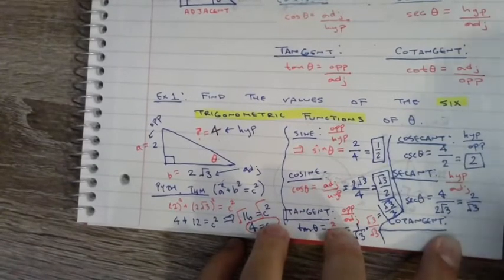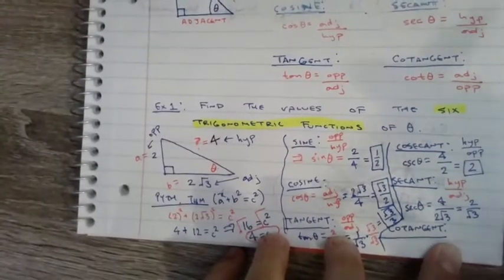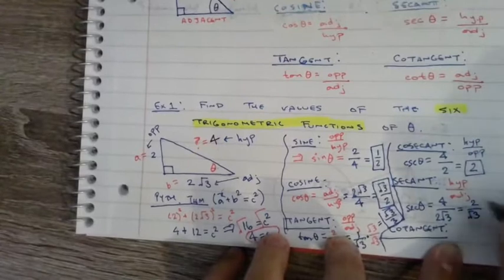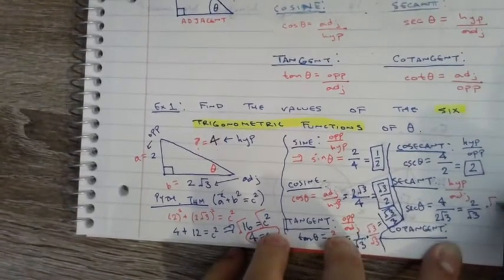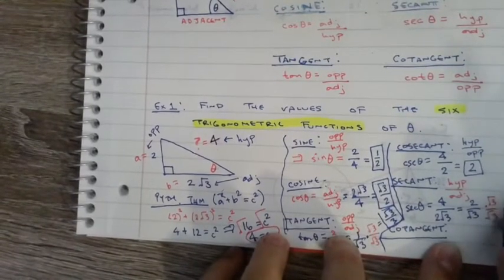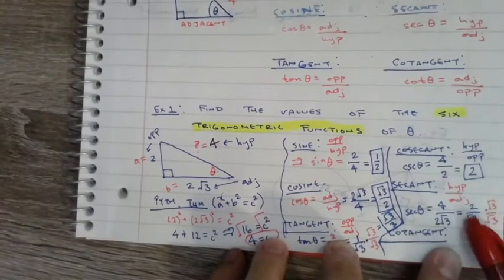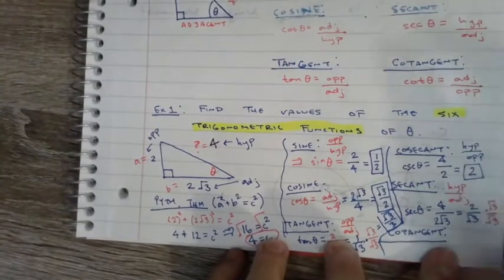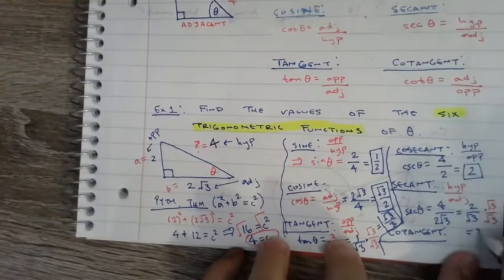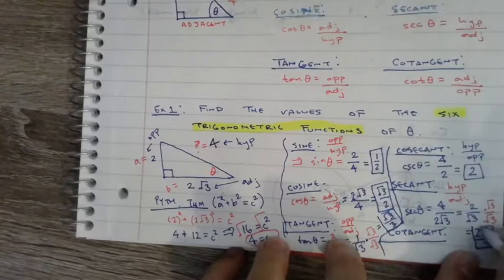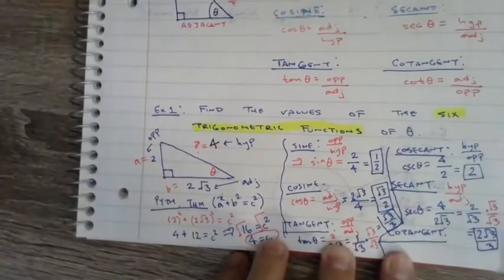Again, we don't want radicals at the bottom, so you multiply by its conjugate. 2 times square root of 3 gives you 2 square root of 3, and square root of 3 times square root of 3 gives you 3. So you have 2 square root of 3 all over 3, and that's your secant.